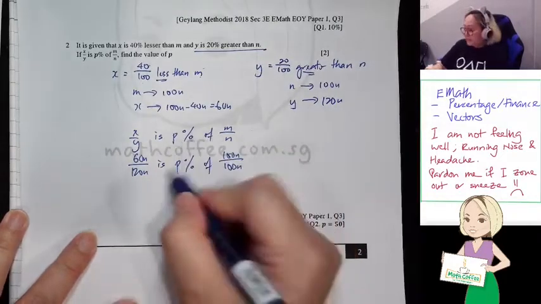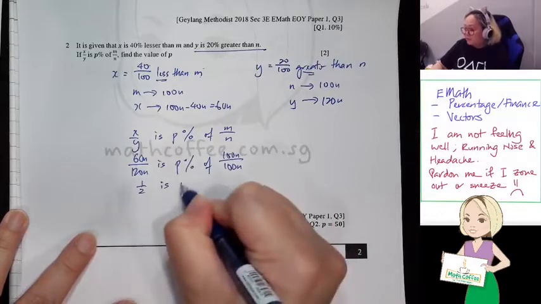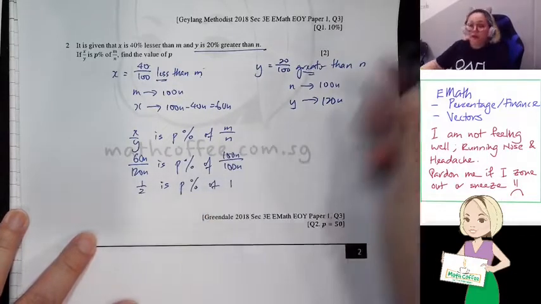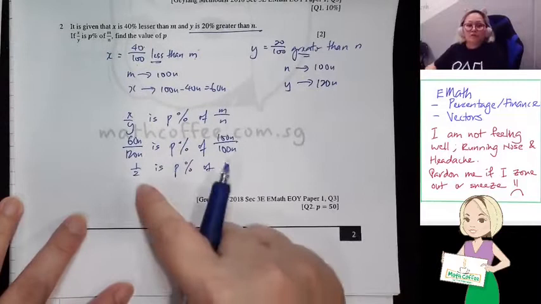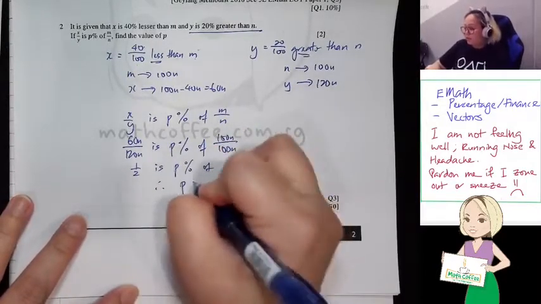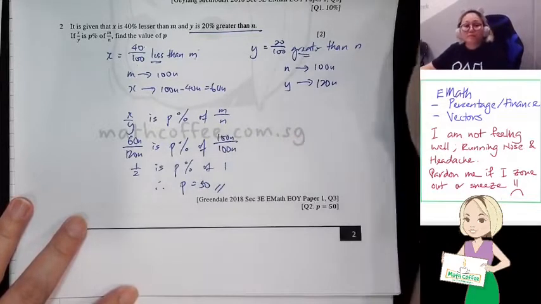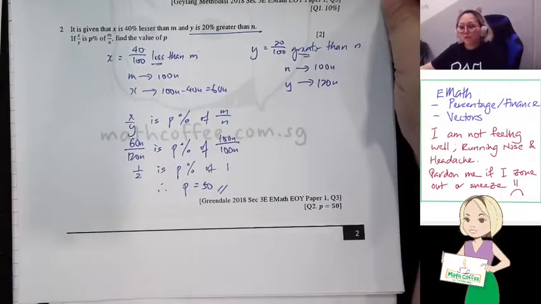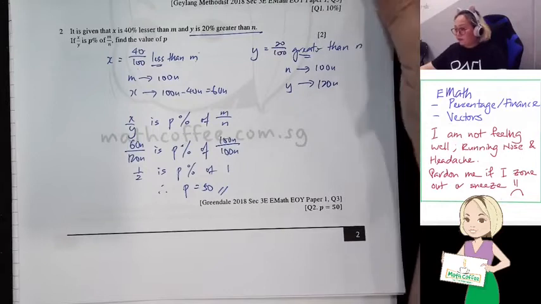So you can see that this is actually half is p% of 1. So half is 50% of 1. Therefore, we know that p equals 50. Okay, so that's for question 2.